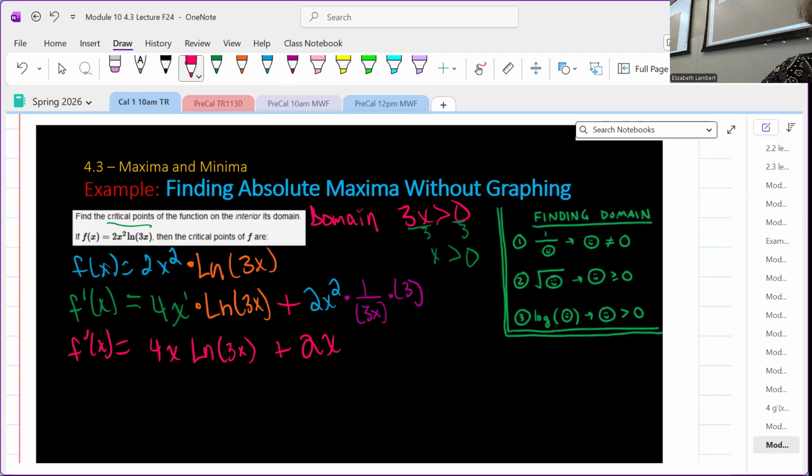So we've got 4x times the natural log of 3x plus 2x.